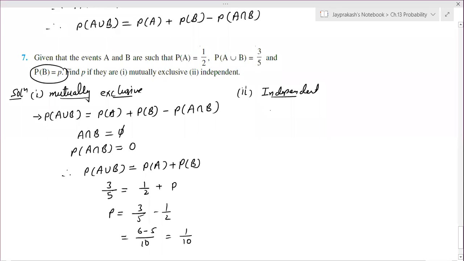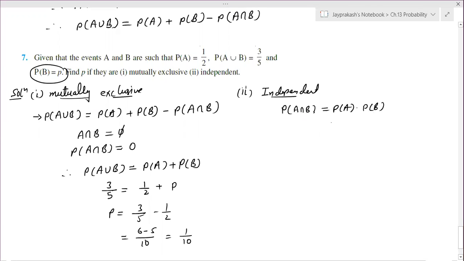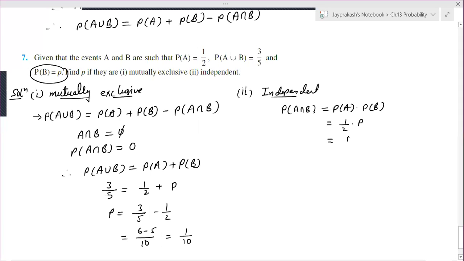Okay, now if we talk about the independent event, we know that when the two events are independent, A intersection B is equal to P of A dot P of B. When we substitute the value of P of A, that is 1 by 2, and P of B as P, the final is P by 2.